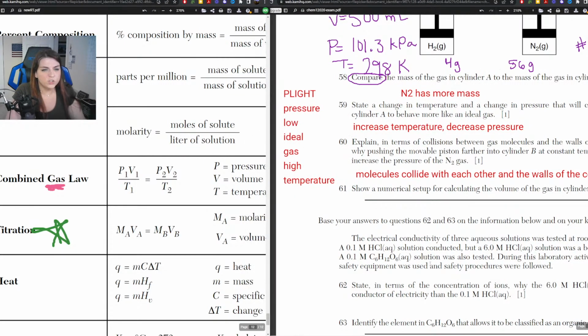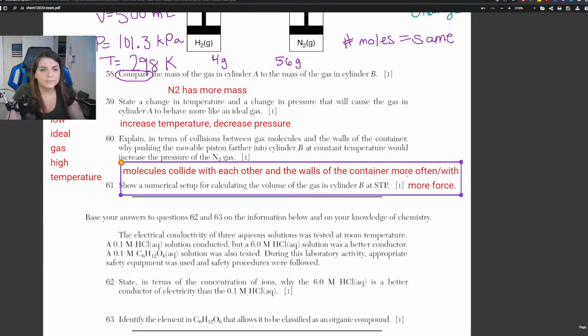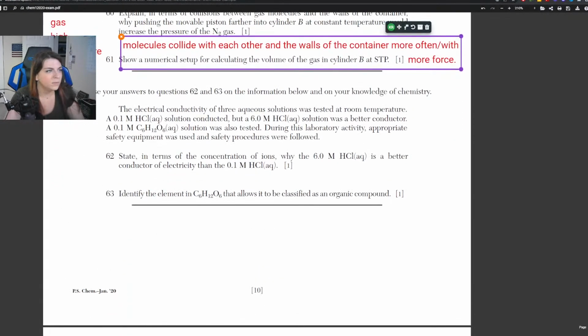So sometimes we have to switch that. I don't even have a place where I can write this on this page. I'm going to take it down here. So that equation is PV over T of the before is equal to PV over T of the after.